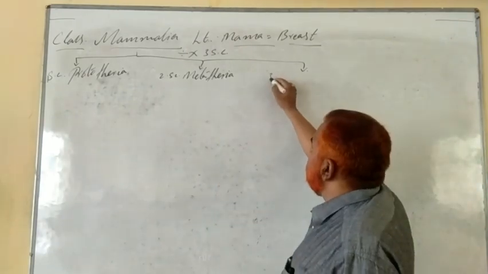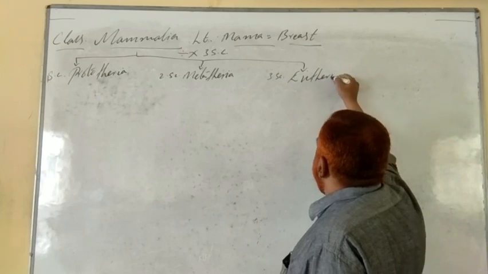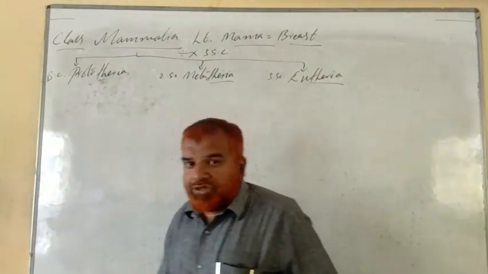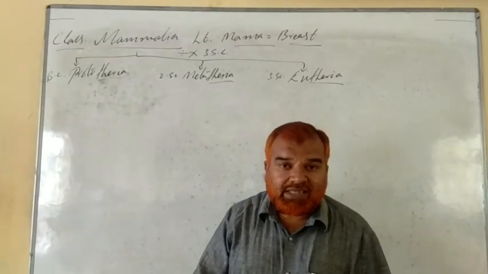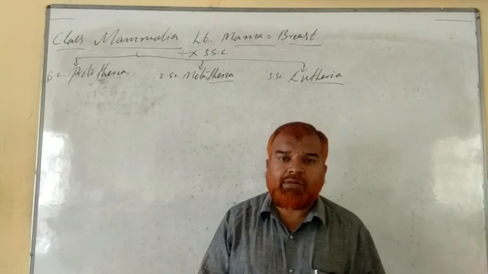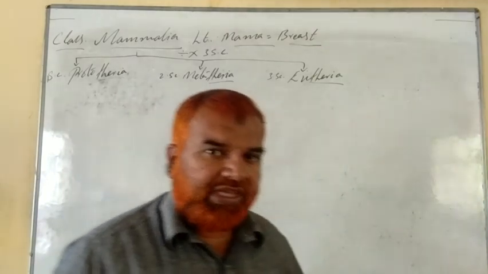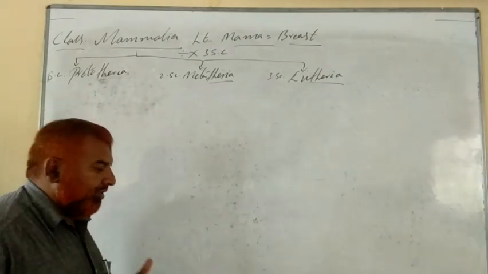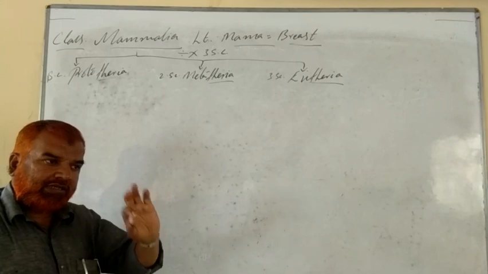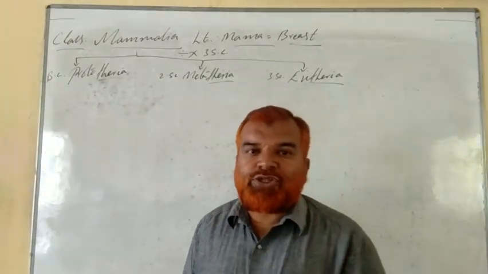The last subclass is Eutheria. Here the word theria is common everywhere, and theria refers to placenta. Human females during pregnancy, during the gestation period, produce a placenta from the uterus. In detail you will study this in the 3rd chapter in 2nd year. So theria refers to placenta.